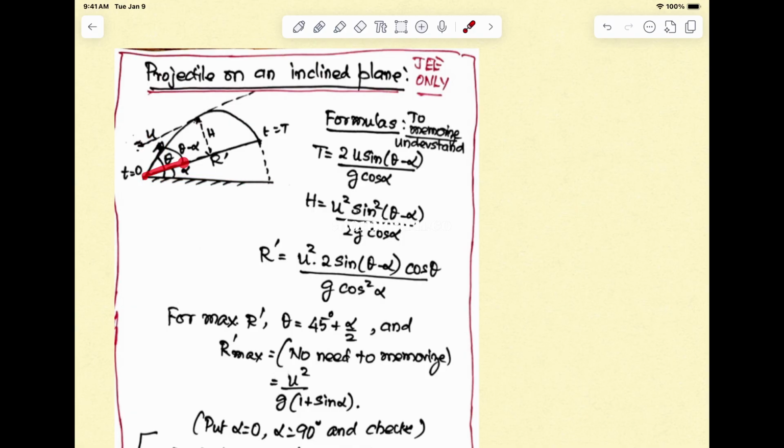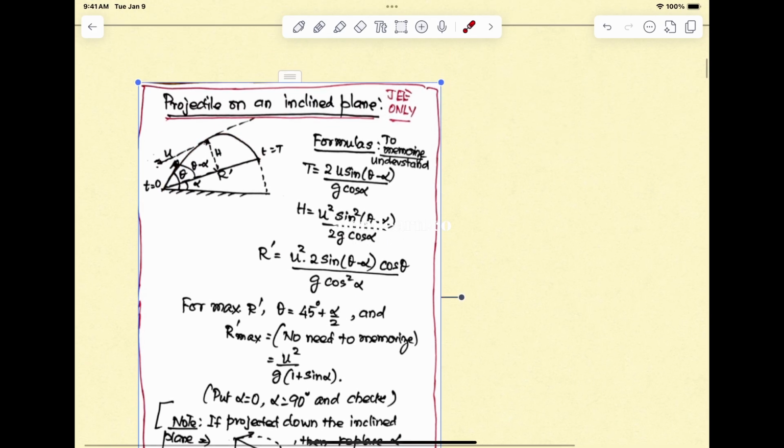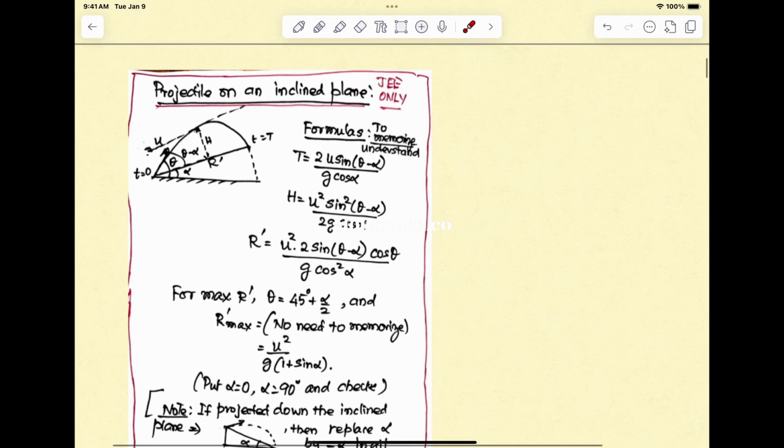Therefore over the inclined plane the projection angle is theta minus alpha, and the initial velocity is u. Now the questions asked are: when it hits the inclined plane again, what is the time taken, and therefore what is the time of flight?